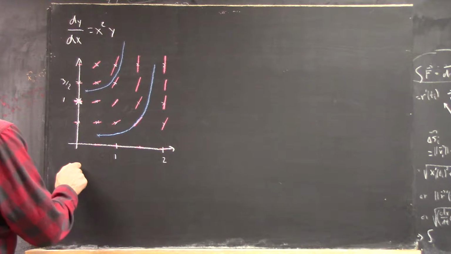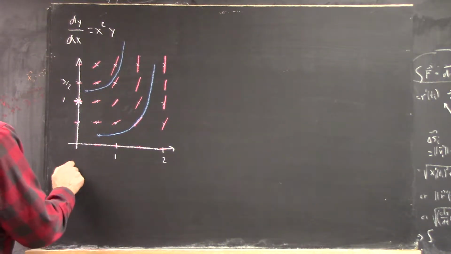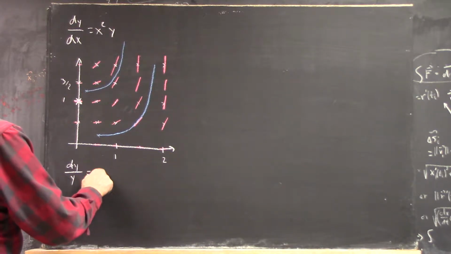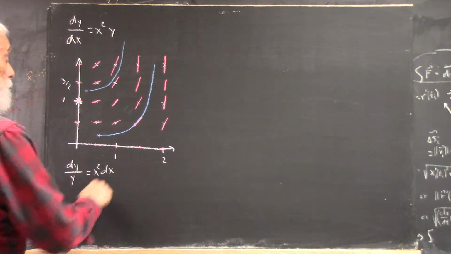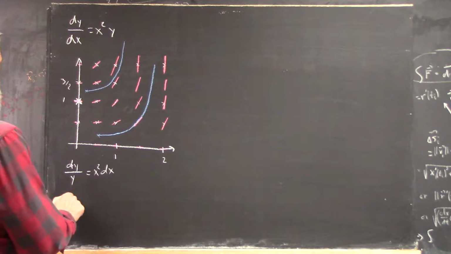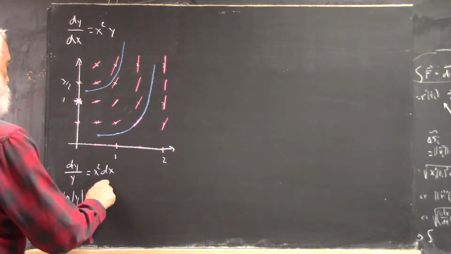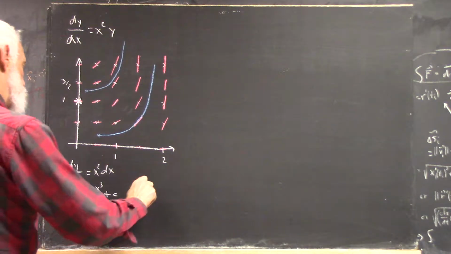So let's do it. Okay, this equation clearly is separable, so we have dy over y equals x squared dx. So the natural log of the absolute value of y equals x cubed over 3 plus some constant.